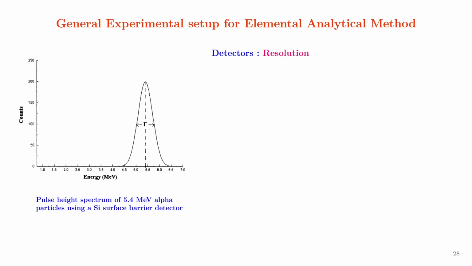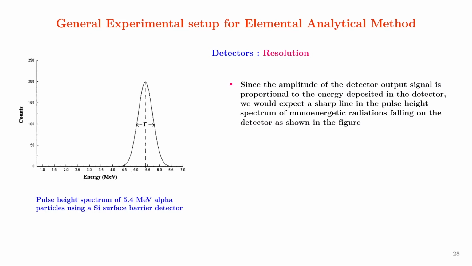The resolution of the detector. Since the amplitude of the detector output signal is proportional to the energy deposited in the detector, we would expect a sharp line in the pulse height spectrum of monoenergetic radiations falling on the detector as shown in the figure.